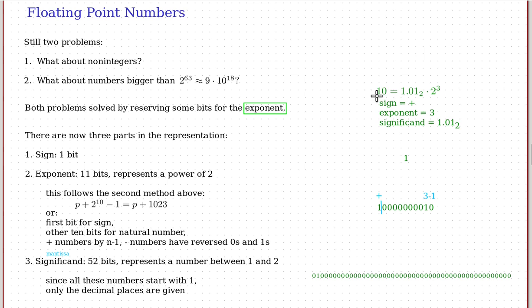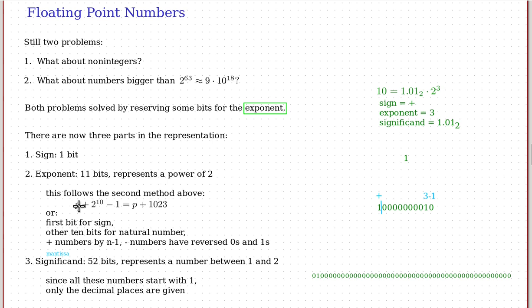Now, in the case of the number 10, the sign is 1 because it's a positive number. The exponent is 1, 0, 0, 0, and I guess I got 8 zeros there, and then ending in 1, 0. If you like, you can think of that using my second scheme. The first digit tells you that the number is positive, and then the remaining 10 digits represent the power minus 1. 3 minus 1 would be 2.